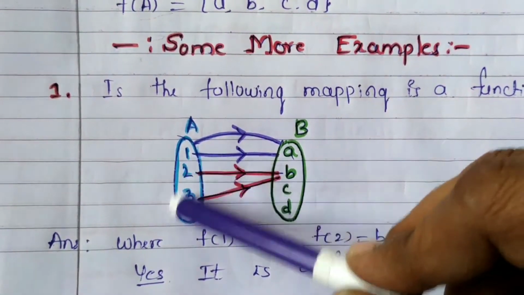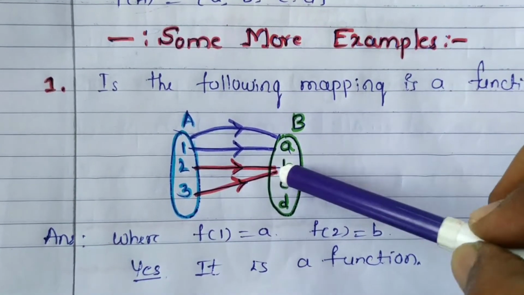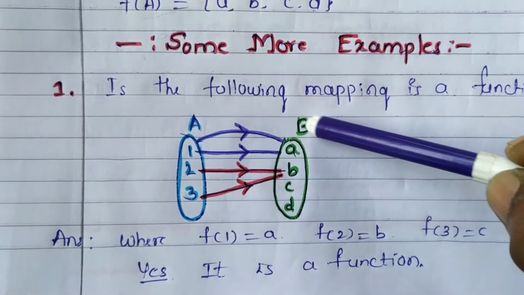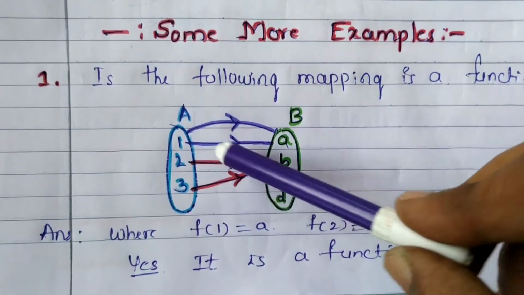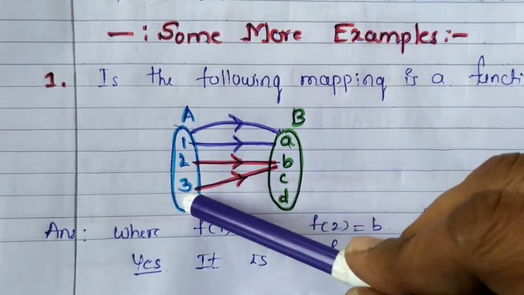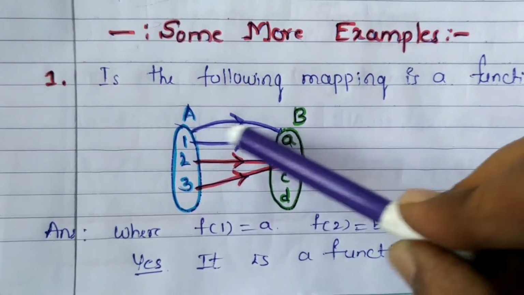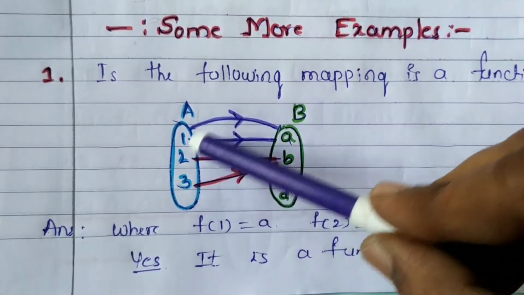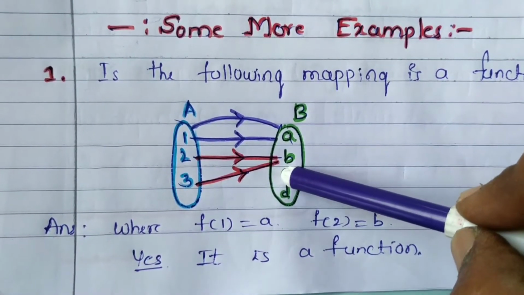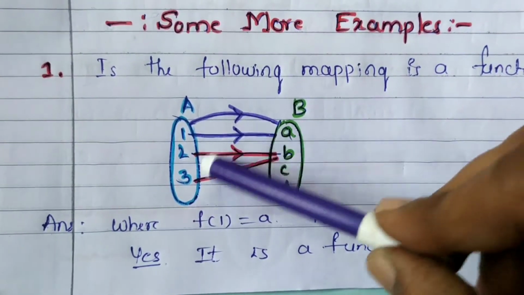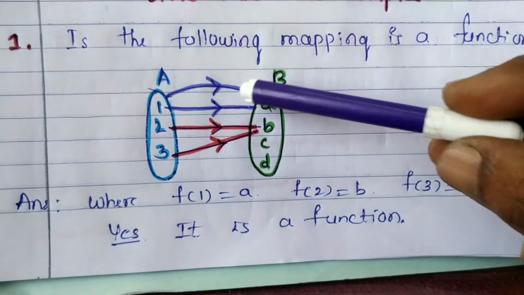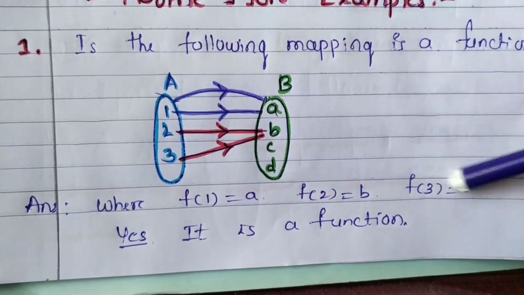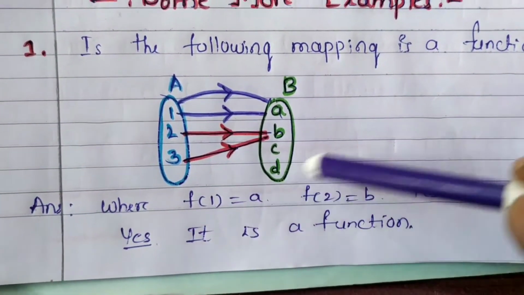What is A? A is 1, 2, 3. What is B? A, B, C, D. A contains 3 elements, B contains more than 3 elements. Let it be whatever it is. What is defined? f of 1 is A, f of 2 and f of 3 is B. Anyhow, the elements of A are associated with unique elements of B. 1 is associated, 2 is associated, 3 is associated. Therefore, it is a function where f of 1 equals A, f of 2 equals B, f of 3 equals C. Yes, it is a function.